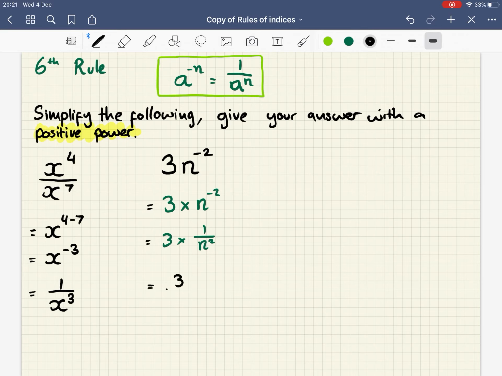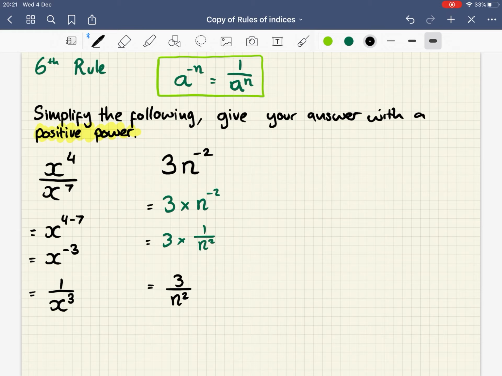And so that means the 3 just stays on the top, and then we have n squared on the bottom. So again, it is only affecting the thing it's directly next to. Whatever is not actually affected by the power just ends up on the top of the fraction.